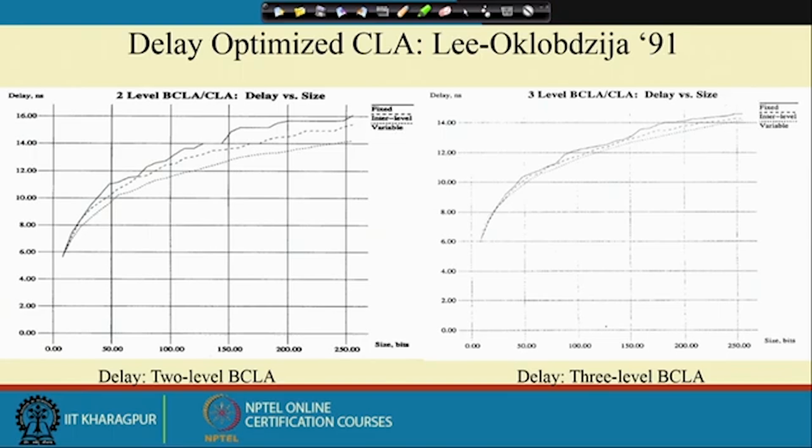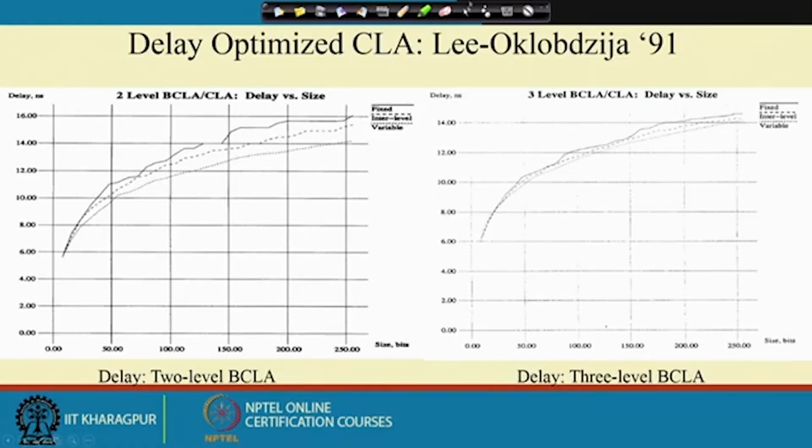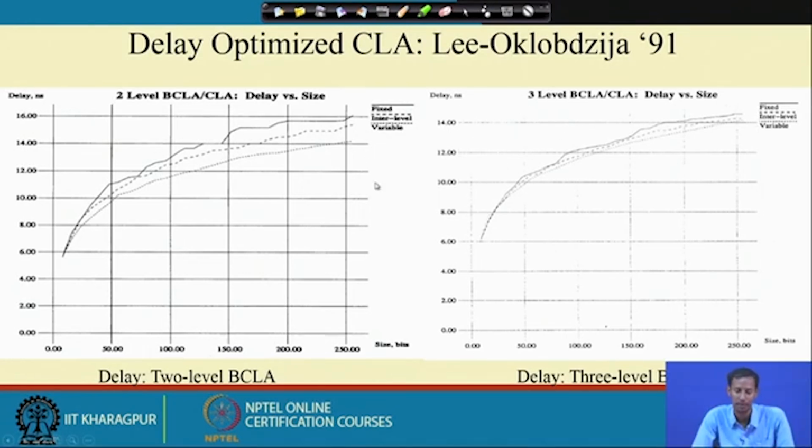But whenever we consider lesser fan in gates, whether that is 2 or 3, I get more savings in terms of critical path or delay. Okay. So, though we have increased the level, the gaps are almost the same whether that is 2 levels or 3 levels.